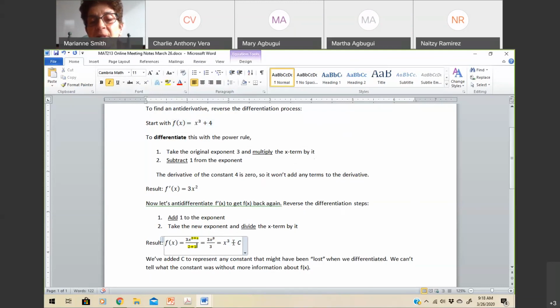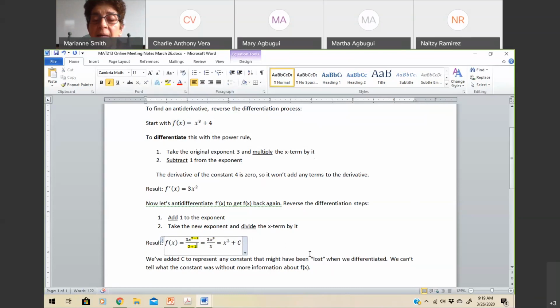So what's this plus c? Plus c is a constant that we have to add to our antiderivative because it represents whatever this constant could have been. It happened to be a 4, but it could have been a negative 10, it could have been a 1, it could have been anything. I really can't tell from the antiderivative what to put there, so I put a general constant.